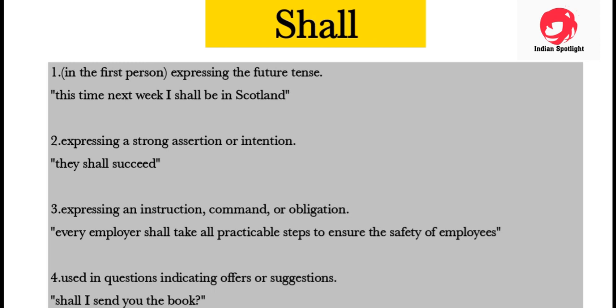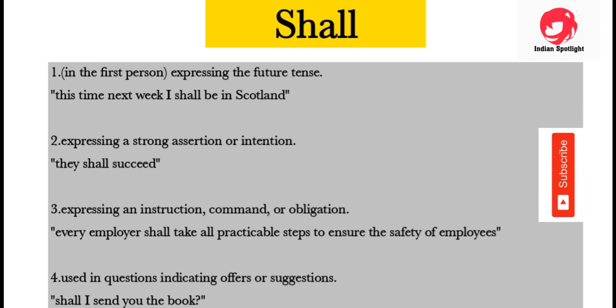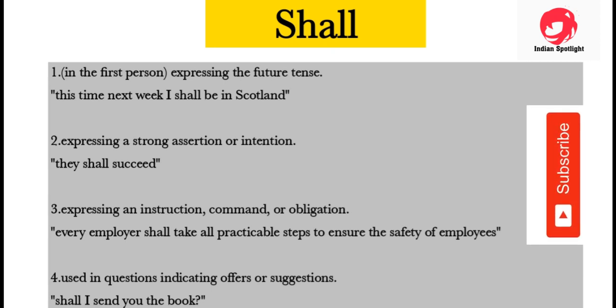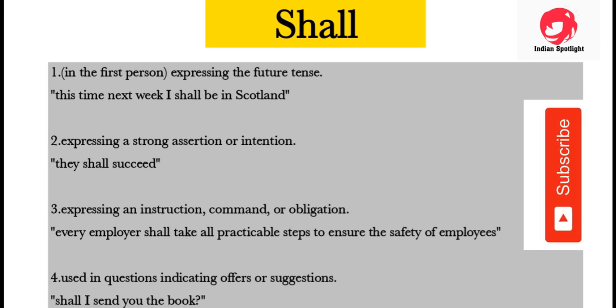Now shall plays four different functions. First, in the first person expressing the future tense, as we know that in the first person singular and plural, in simple futurity we use shall after I and we. For example, this time next week I shall be in Scotland.